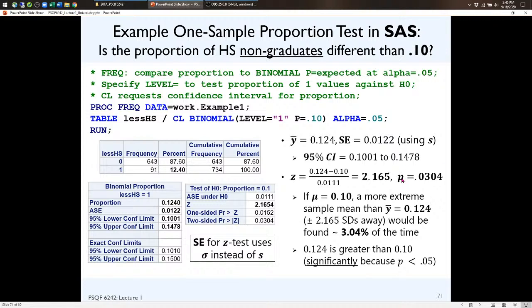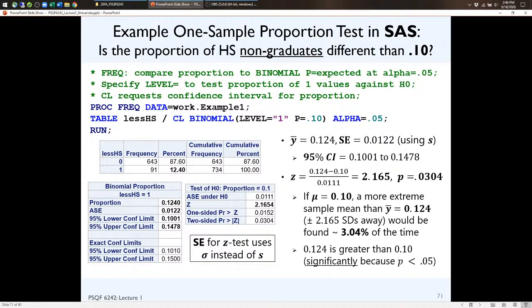The p-value for the two-sided hypothesis test that goes with this z-value is 0.0304. So what that means is that fewer than about 3% of the time, we would find a sample mean that is as discrepant or more discrepant than the population mean.